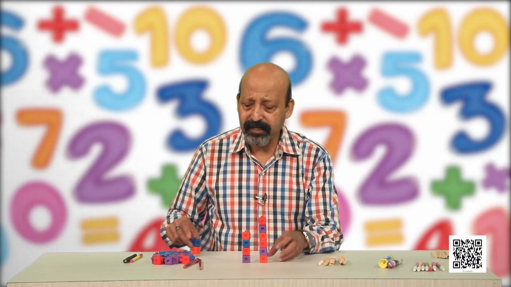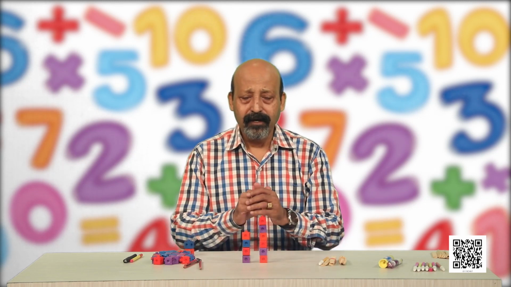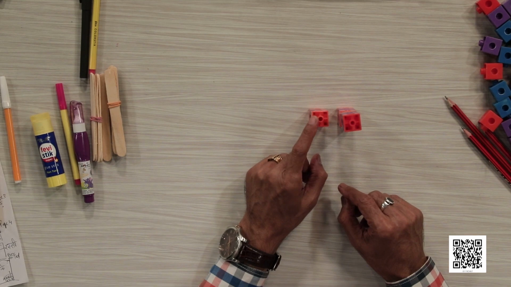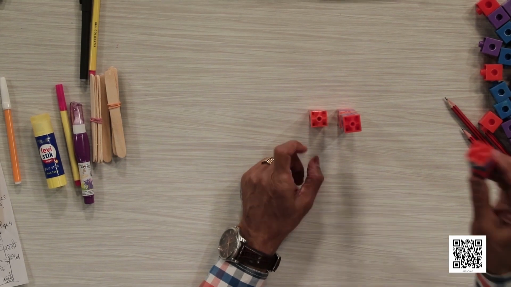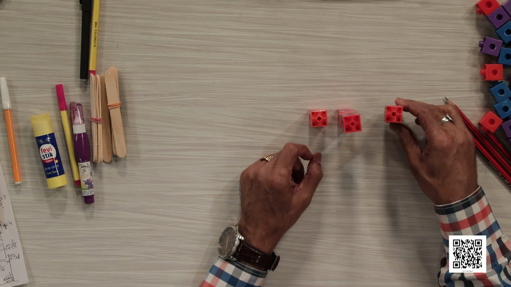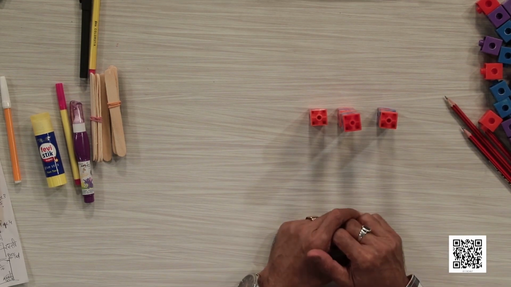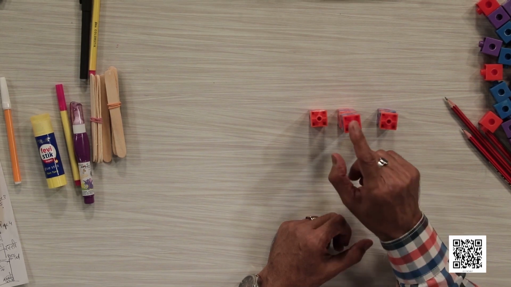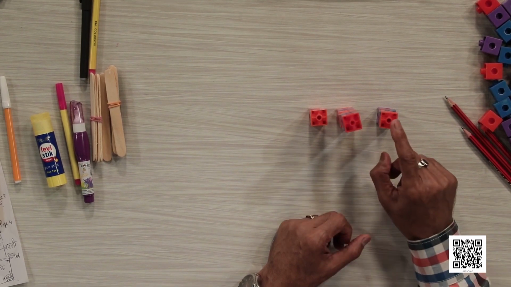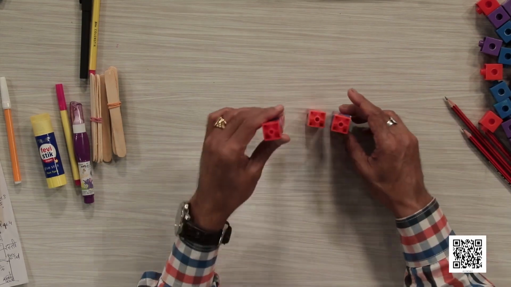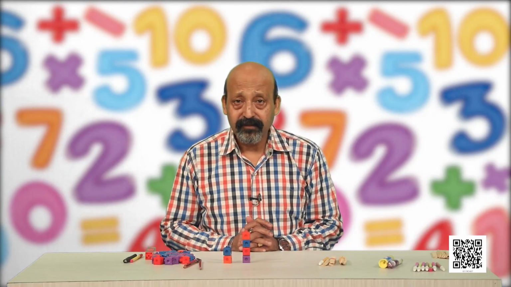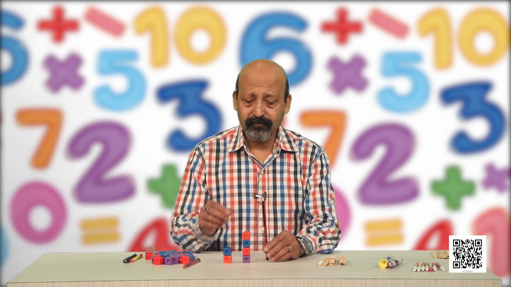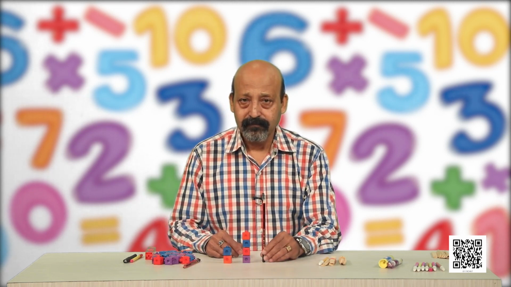If we have only these two, now tell me, is this called tallest and this called shortest, or is this called shorter and this called taller? Okay. When we have these two, what can you say? Which is taller and which is shorter? Can we compare these also?